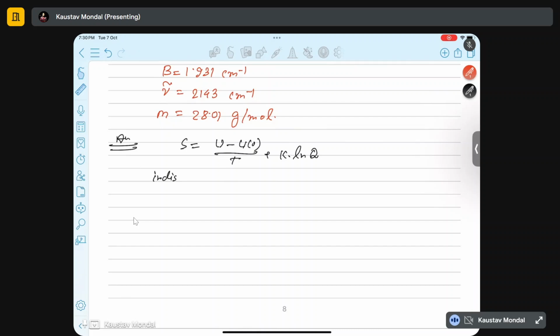Since all the molecules in this gas system are carbon monoxide, they are identical, so you cannot distinguish among themselves. For the indistinguishable case, Q equal to small q to the power N by N factorial, right?